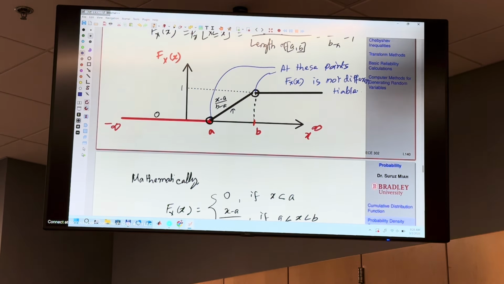You cannot differentiate at this point. So that's how you should come up with the CDF.